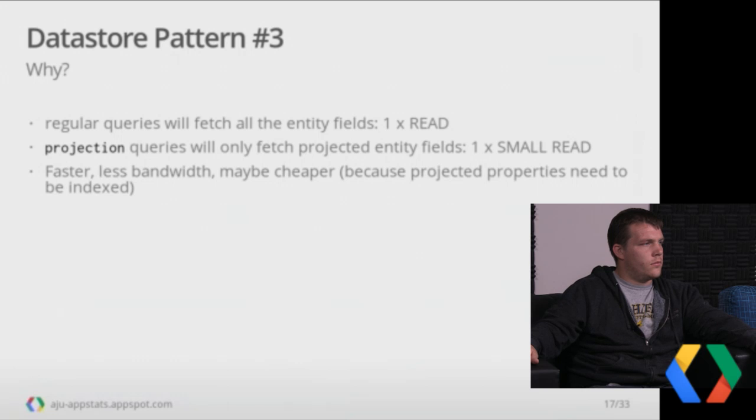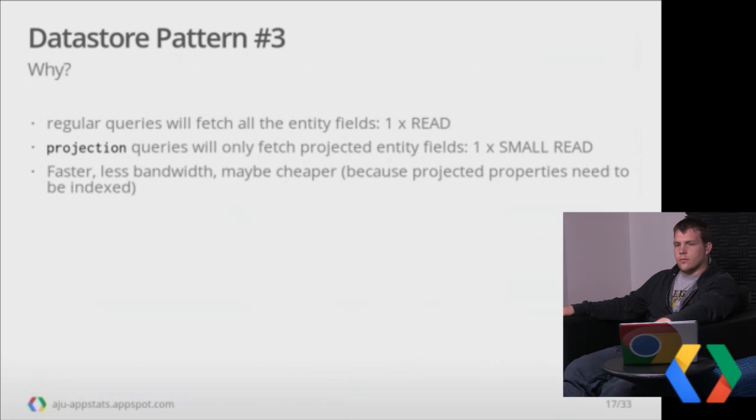It depends on the nature of what you're querying for. So it is possible that if you switch to using projection queries, your writes can be more expensive if you're needing to build more indexes, but your reads should be cheaper. So it's kind of a trade-off that you have to analyze. And it's not necessarily given that you'll need to define additional indexes. It depends upon what kind of queries you were making previously.